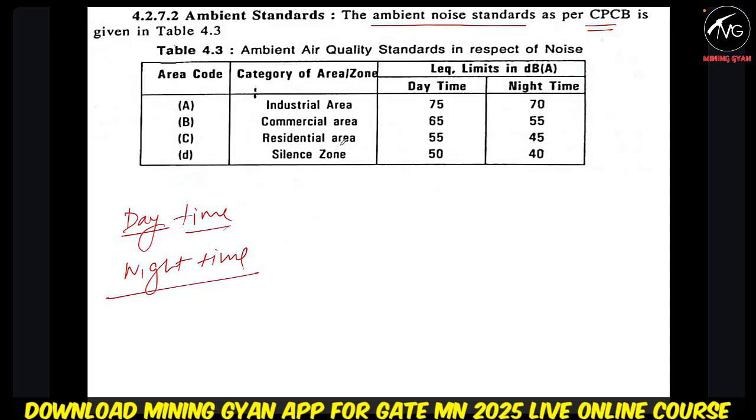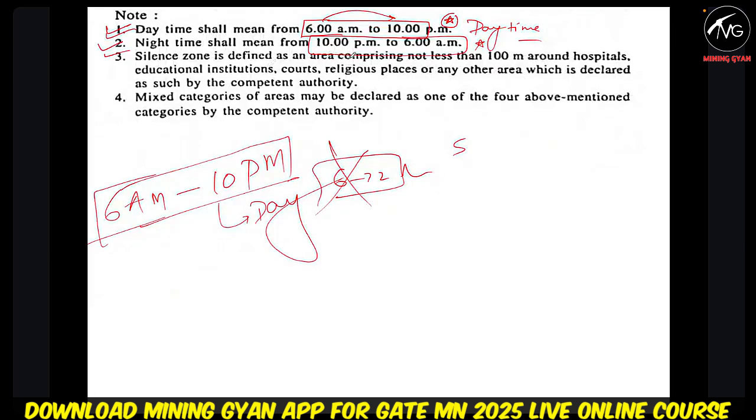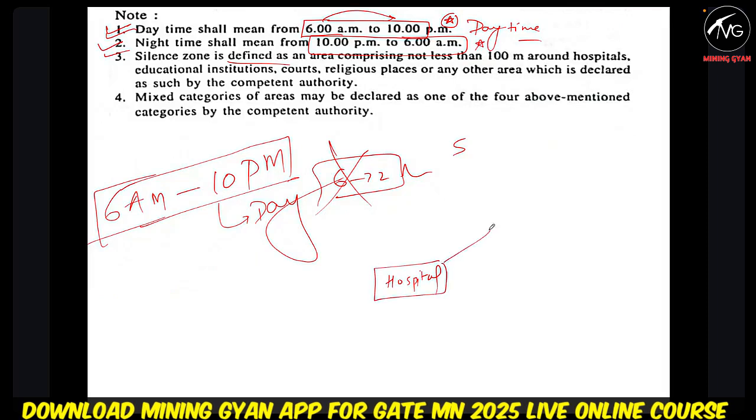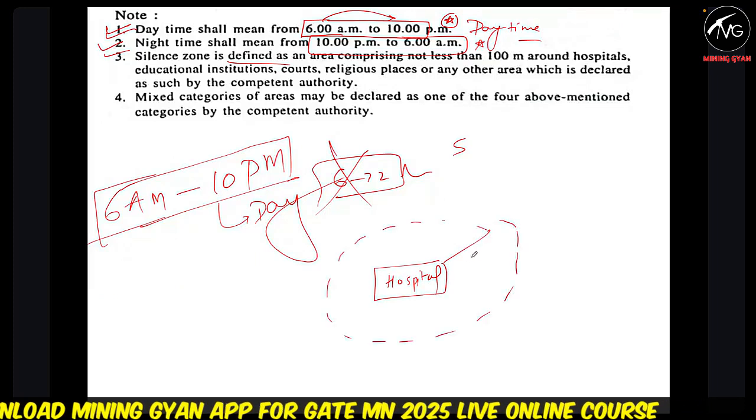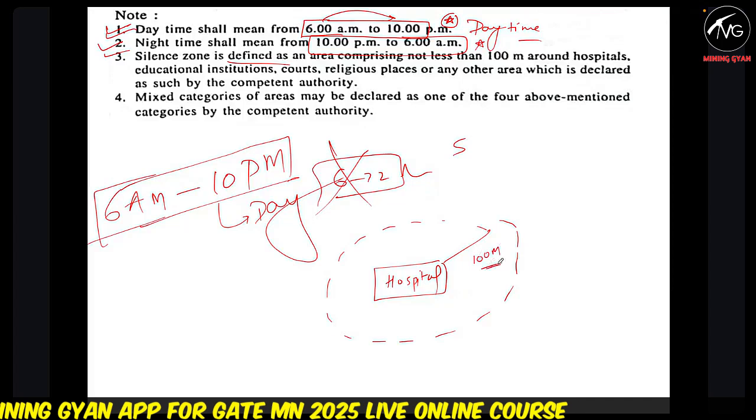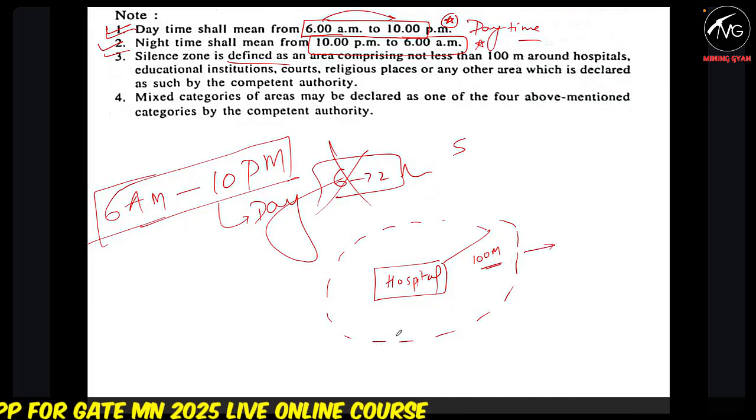So, what is the silence zone? Silence zone is defined as the area. Suppose this is your hospital. Then from the hospital, around 100 meter, there should be the silence zone.